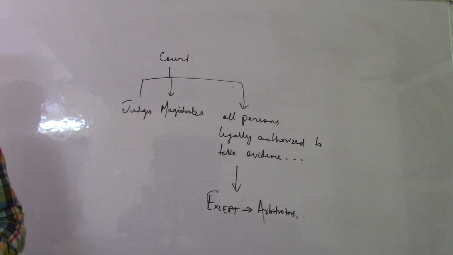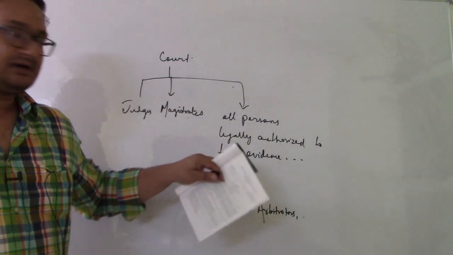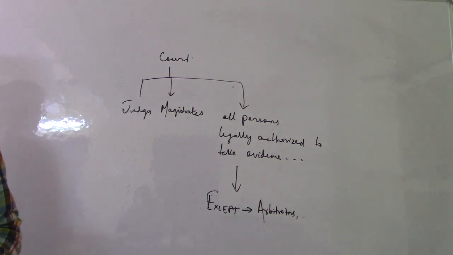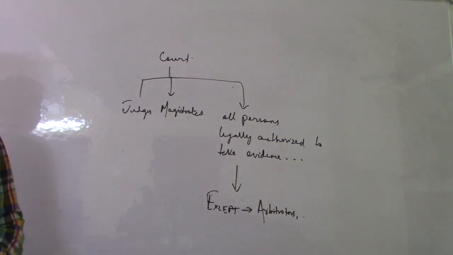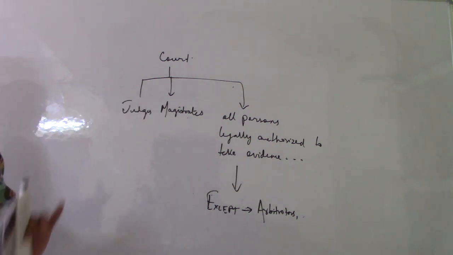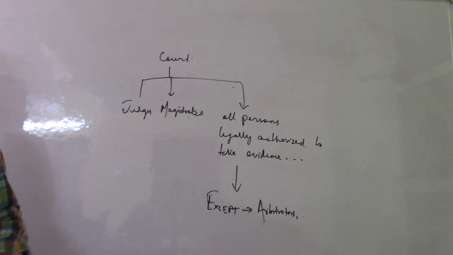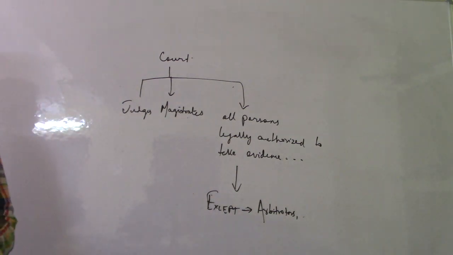Tribunal judges, right? They are included under this definition. But again, arbitrators are also legally authorized to take evidence, isn't it? Under the Arbitration Act. However, arbitrators are excluded from the definition for the purpose of this Act. Remember that. Arbitrators are legally authorized, but that does not mean that they are included in this definition for this Act. Okay? So this is an important provision when it comes to your prelims.